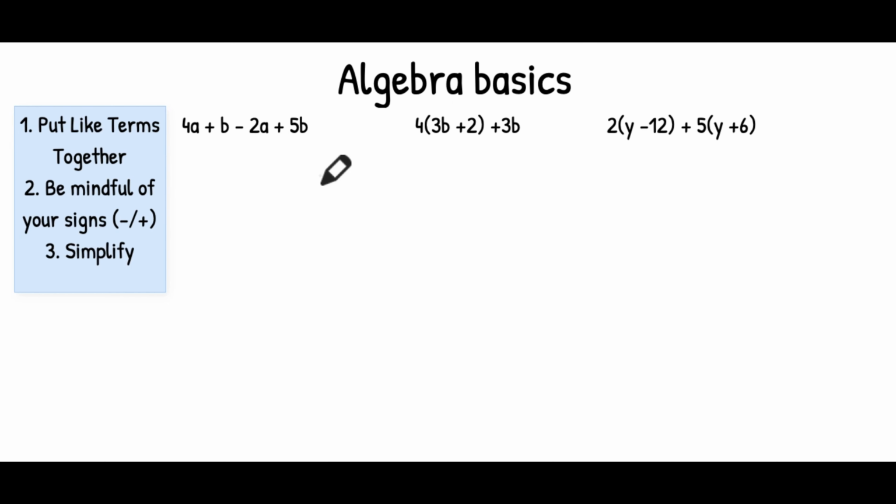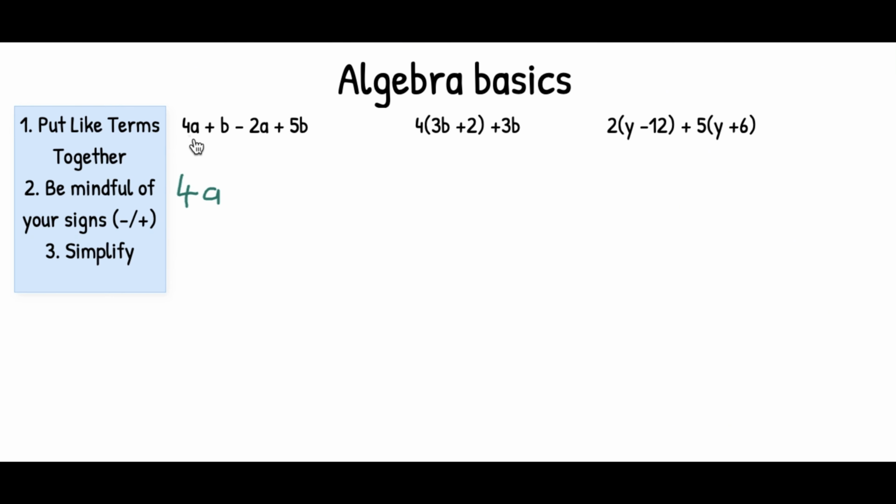So we start with the first sum, which says 4a plus b minus 2a plus 5b. The first rule says put like terms together. So our first term in this case would be 4a. Then we ask ourselves, what is the brother of 4a?